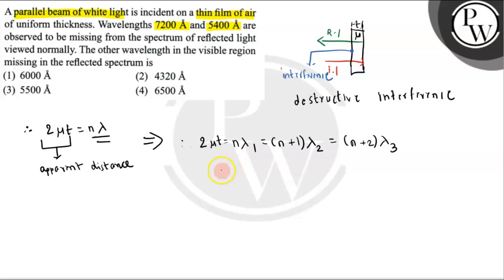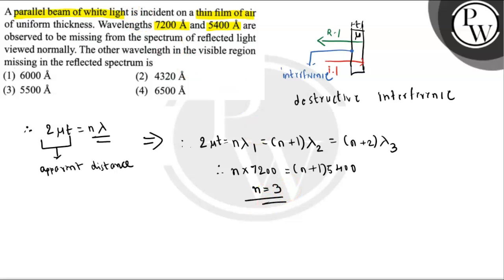So therefore n into 7200, that is the first wavelength, is equal to n plus 1 into the second wavelength, that is 5400 Armstrong, right? So if you solve this out, you will get the value of n as 3, okay.